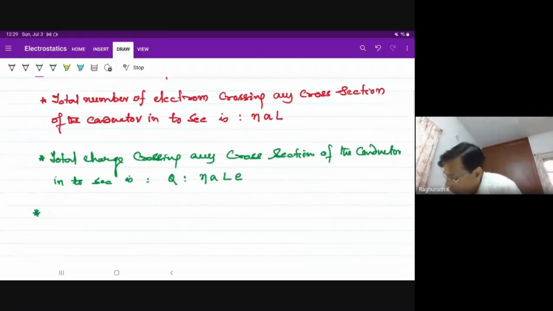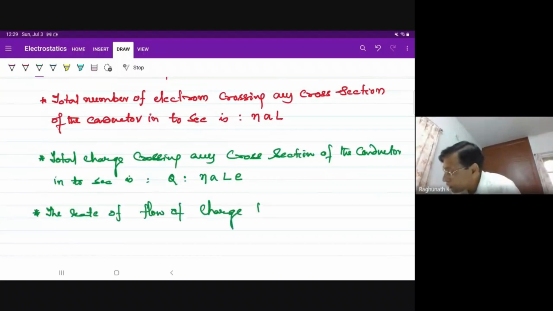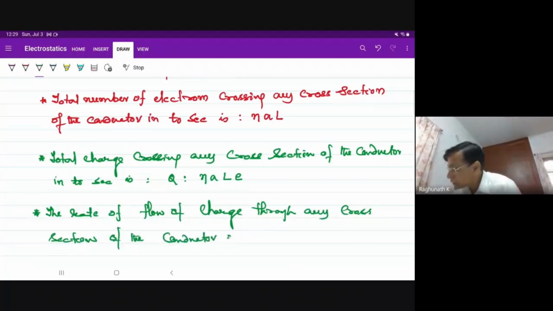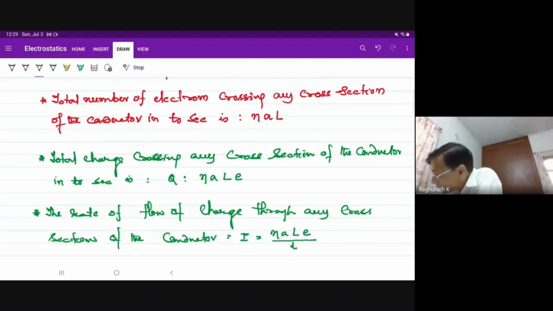Now, the rate of flow of charge through any cross section of the conductor is equal to what? I, the current: nALe by t naught.